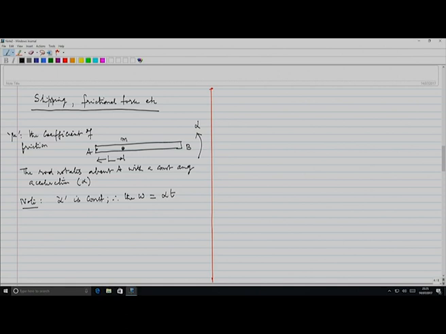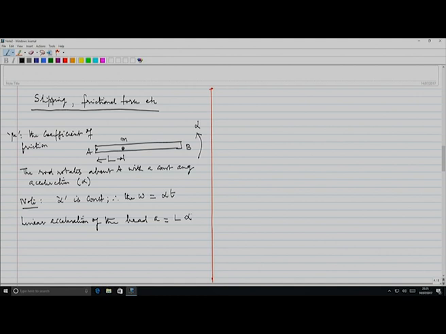Right. So the linear acceleration of the bead first. How is linear acceleration defined? Linear acceleration A is the length times alpha.